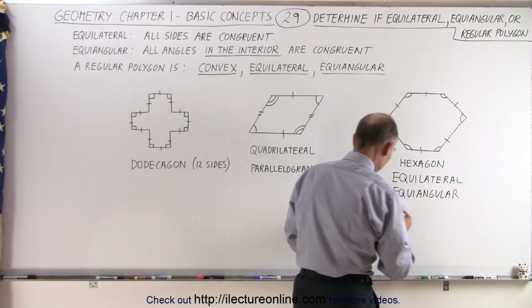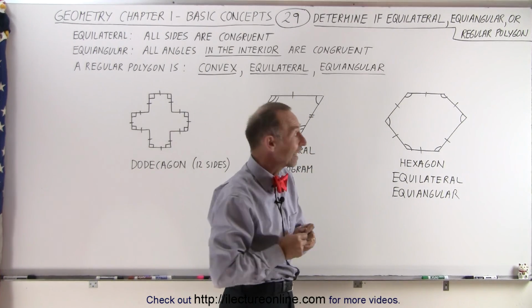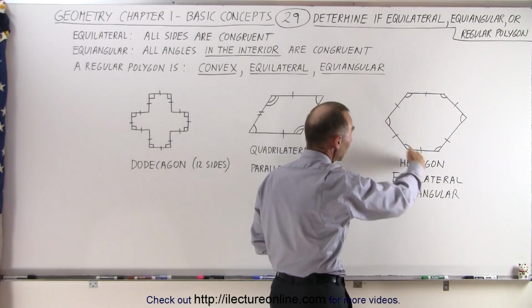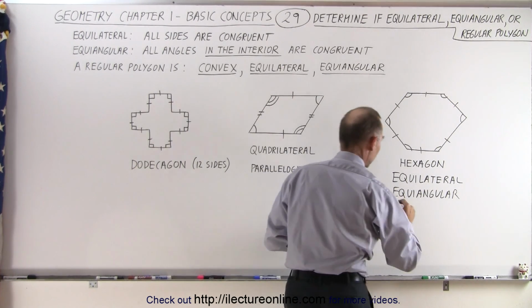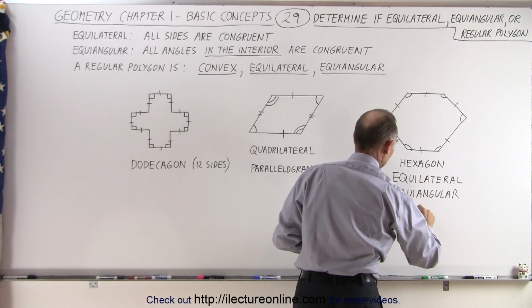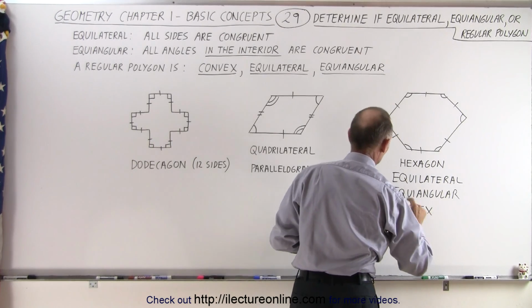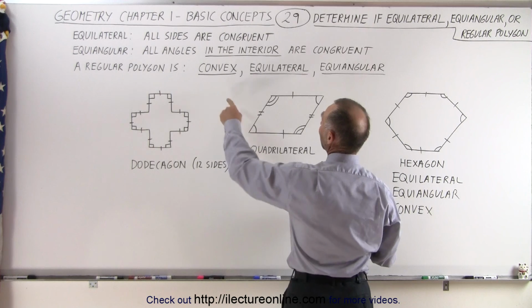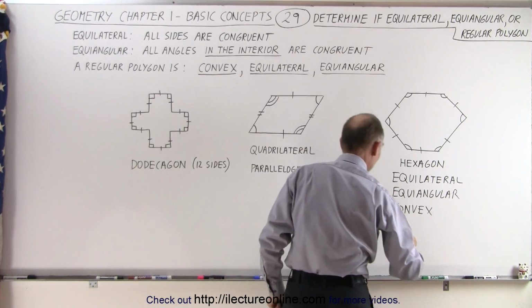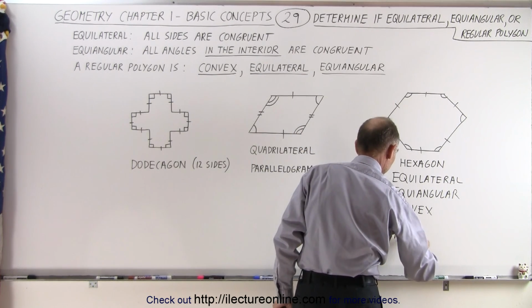And finally, can we say that this is convex? And the answer is yes, because if we extend any of the line segments, it will not cut through any of the other line segments, so this is therefore convex. It meets the 3 conditions, so therefore this polygon called a hexagon is indeed what we call a regular polygon.